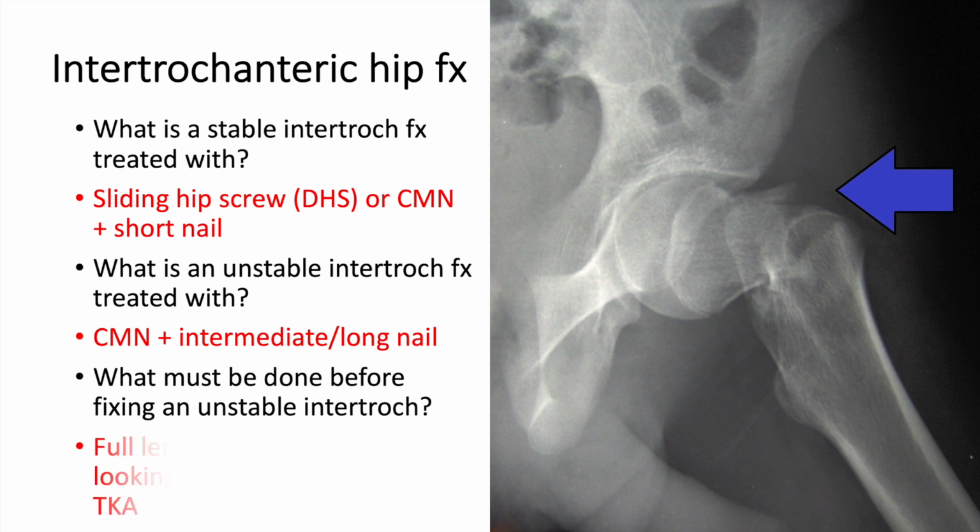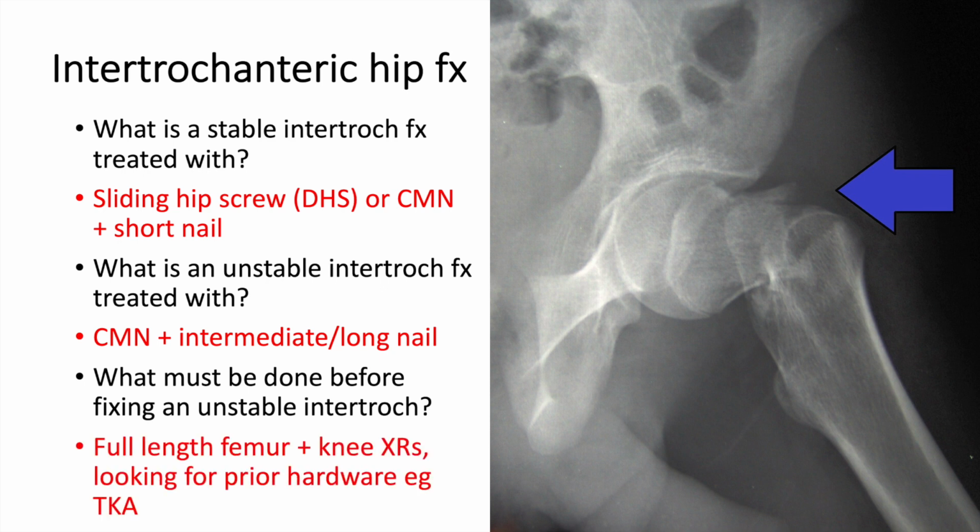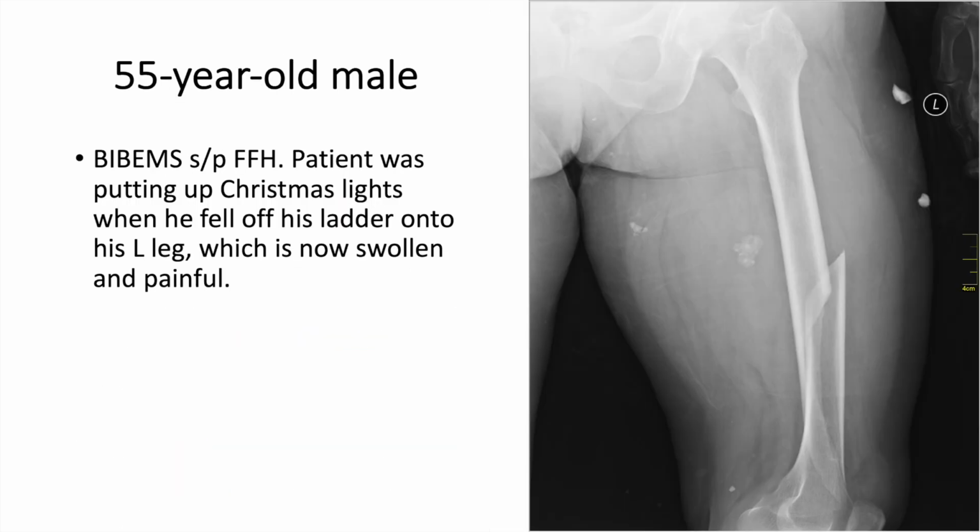You want full length femur and knee x-rays, because you're looking for any prior hardware. If the patient had a total knee done, for instance, there's a stem, so you don't want to mess with that. If you have a long nail, there's a chance it may contact the femoral portion of the total knee.